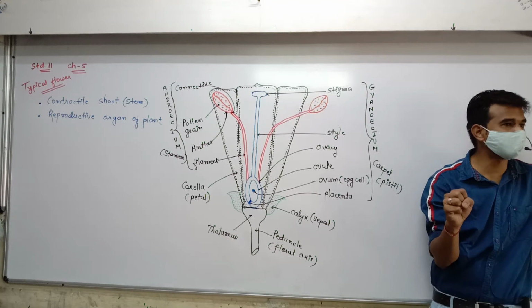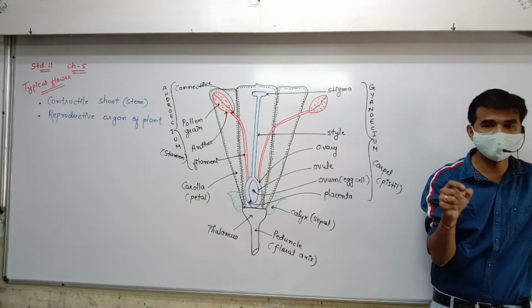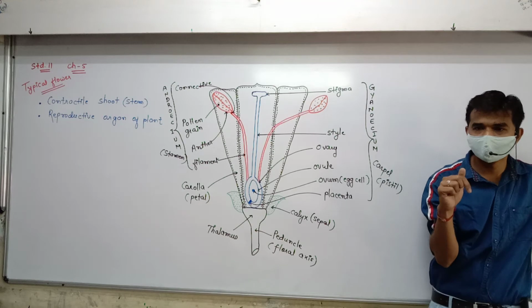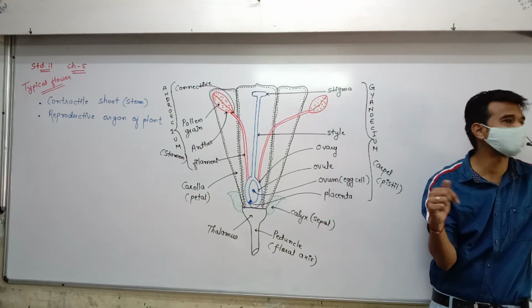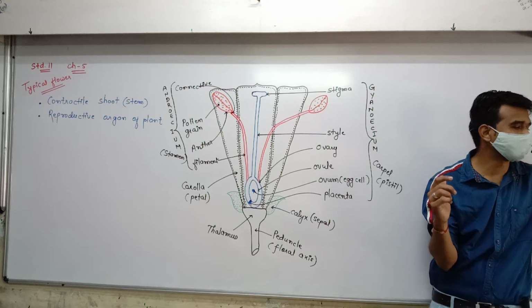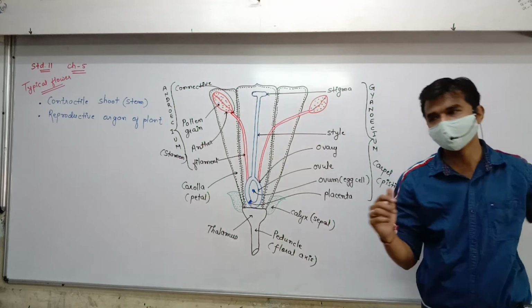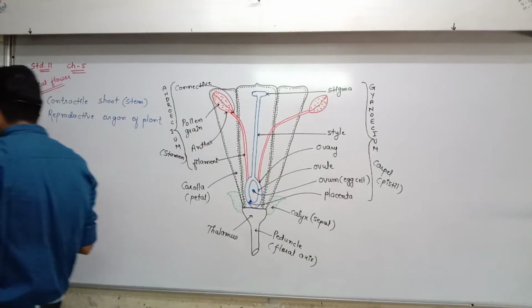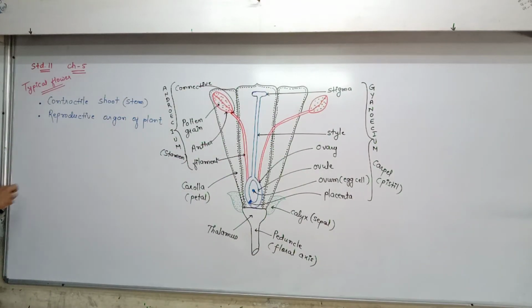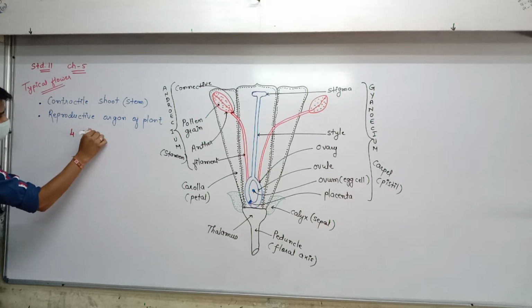All the whorls are arranged in whorl manner on this thalamus. Okay? So here there are 4 whorls. In the typical flower, 4 whorls are there.